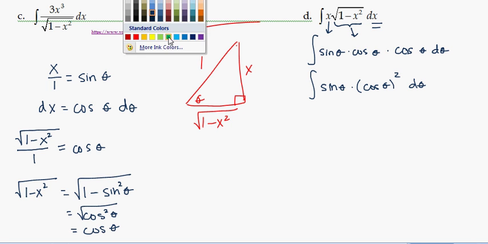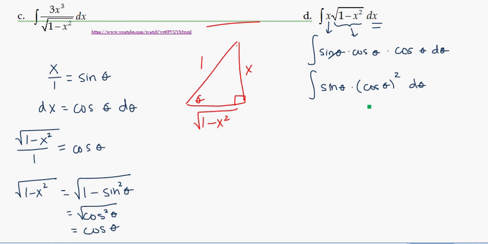So maybe we'll change colors again since we're doing a substitution now. So a regular substitution, u is going to be equal to cosine theta, and then the derivative of cosine is negative sine theta d theta. So negative du is equal to sine of theta d theta. That's a sine.